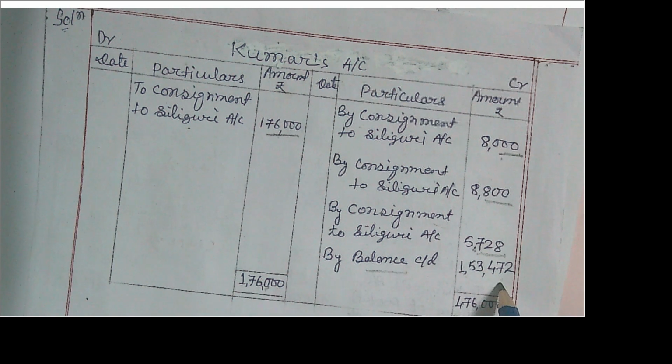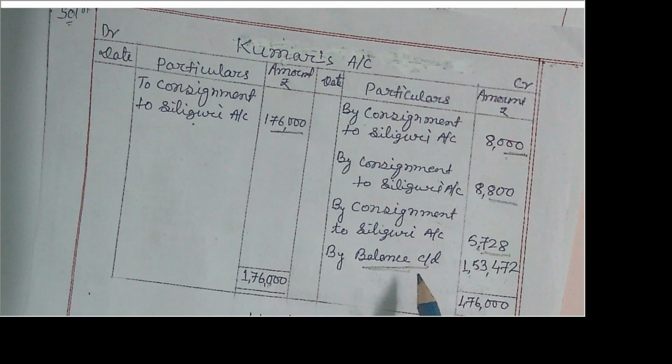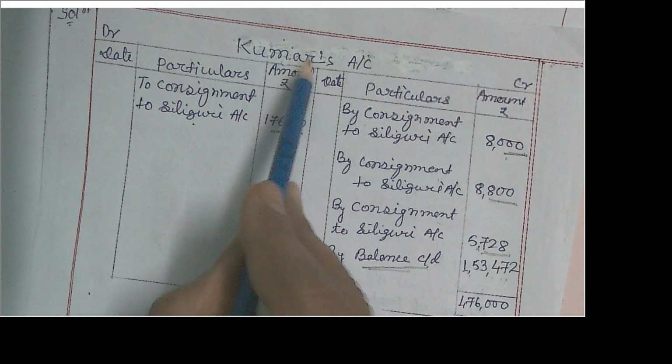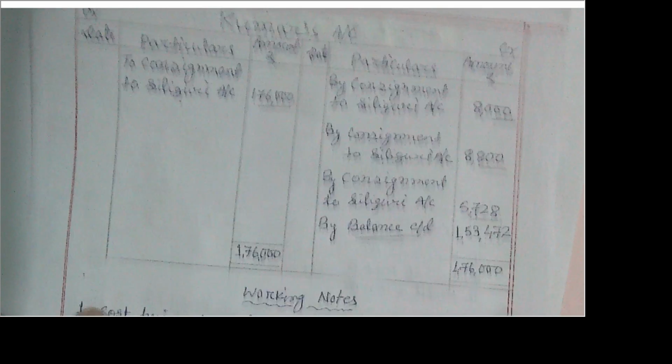So this goes to the balance sheet. Generally at the end of the accounting period, the consignee remits all the amount due to the consignor, but this remittance is not given in the question, so you have to show it in the balance sheet: 1,53,472 due from Kumar to Anuj. Okay, this is your solution.